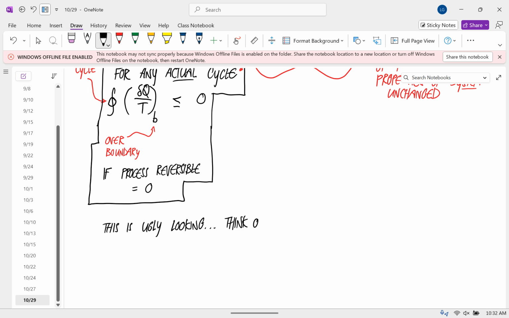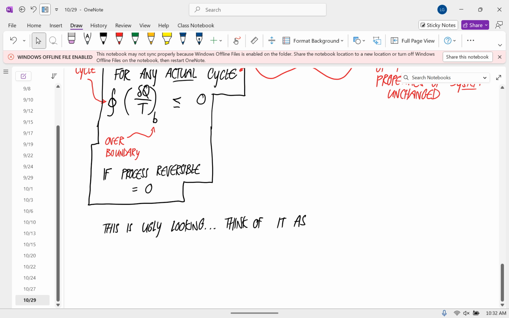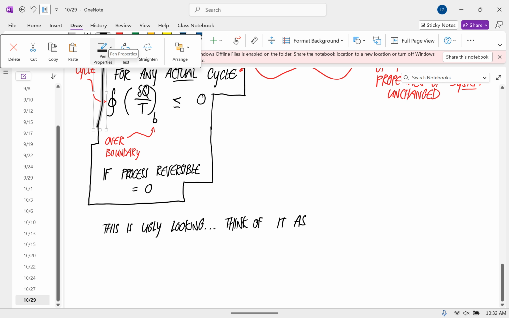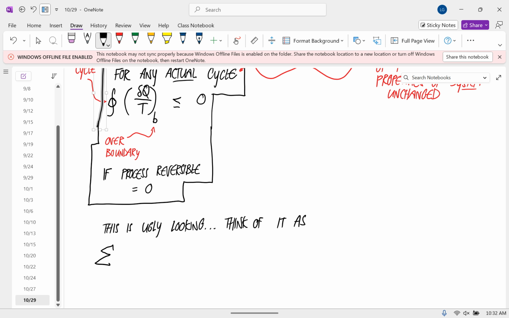So think of it as, instead of that integral thing, think of it as just the sum of all the places where heat is transferred across the boundary divided by the temperature where it's transferred around the entire boundary.